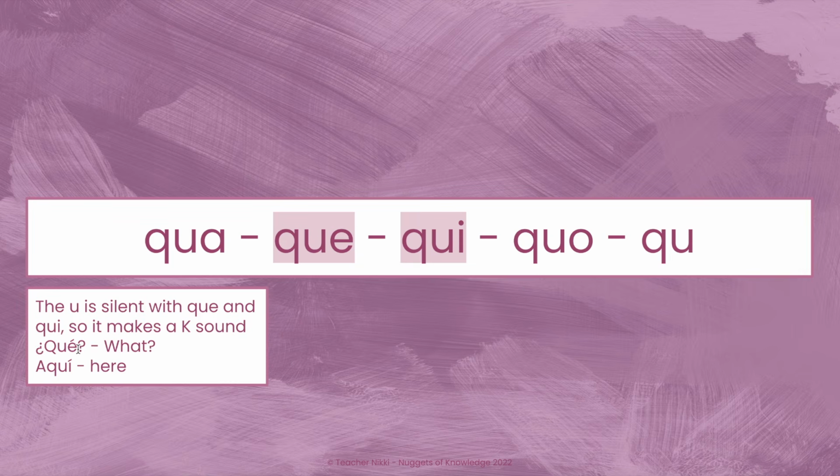So in English we would say qu, like a W is there. But here it's just ke. Or the word here, aquí, with a QUI. Aquí, not akwí. All right, so let's practice. Qua, que, qui, quo, cu.